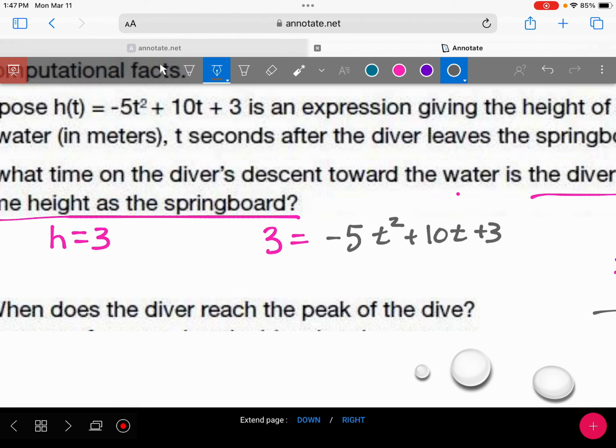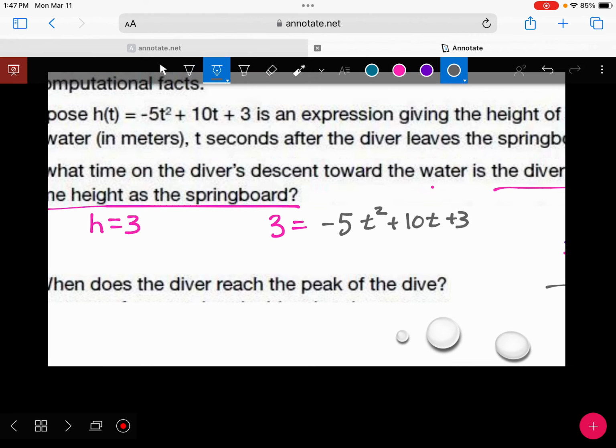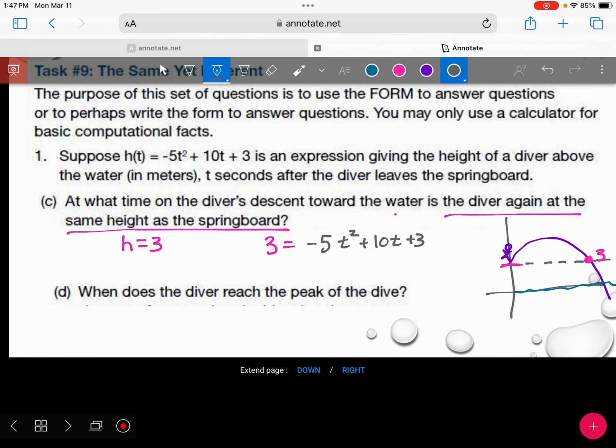When did they reach the peak of their dive? Or where do they reach the peak of their dive? What does that mean?